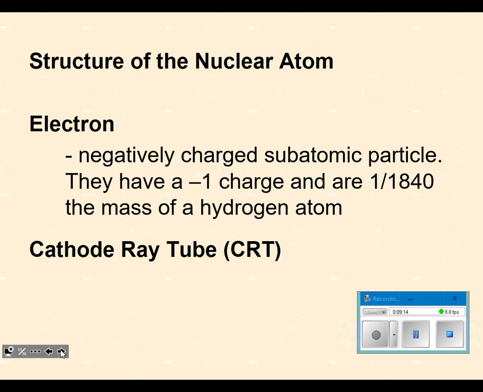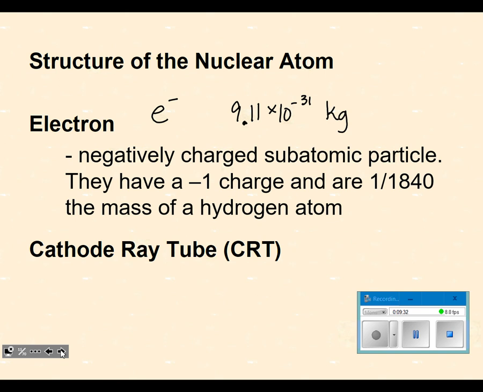The other thing to realize is its actual mass. When you write an electron, you would write it as e to the -1. Its mass is actually 9.11 times 10 to the -31st kilogram.